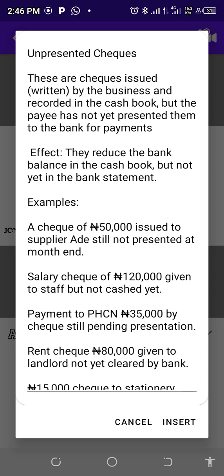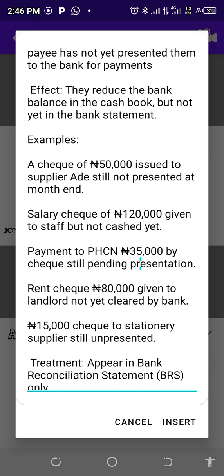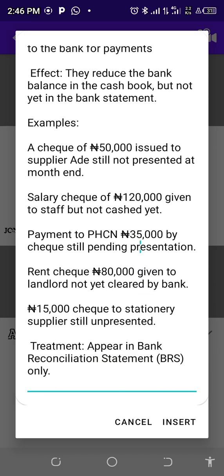Example of an unpresented cheque: a cheque of 50,000 issued to a supplier, still not presented at the end of the month. There are about 5 examples. You can go through them. Then we come to this last point.